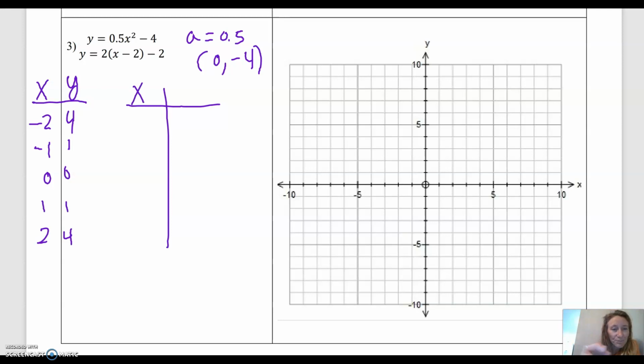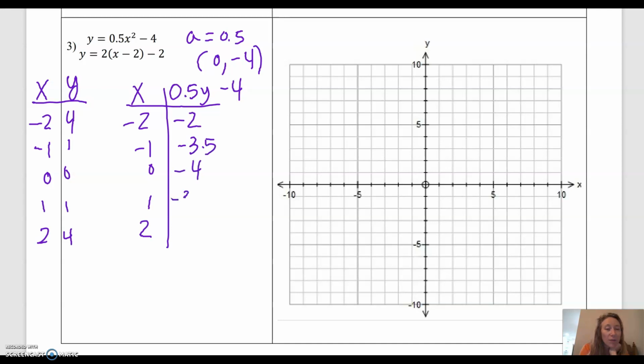And then 0.5y minus 4. Okay, cool. So -2, -1, 0, 1, and 2 unchanged, and then half of 4. Half of 4. 2 minus 4, -2. Half of 1 is half. Half minus 4, -3.5. Then -4, -3.5, and -2.